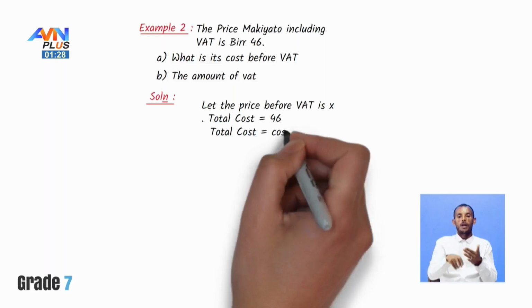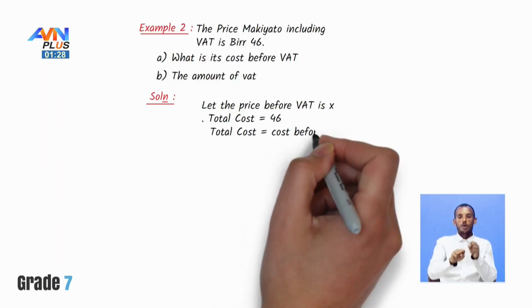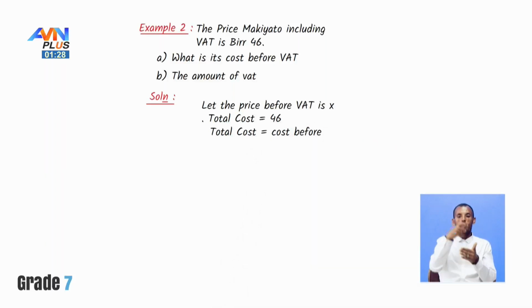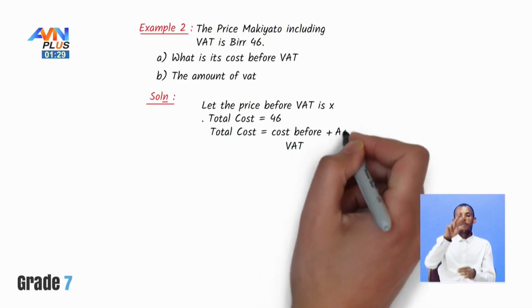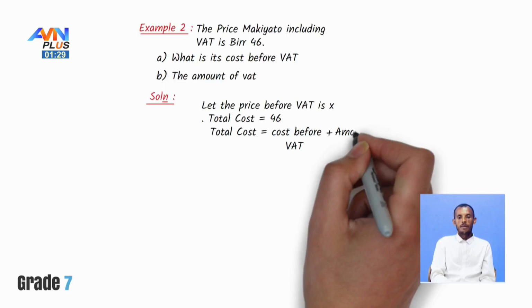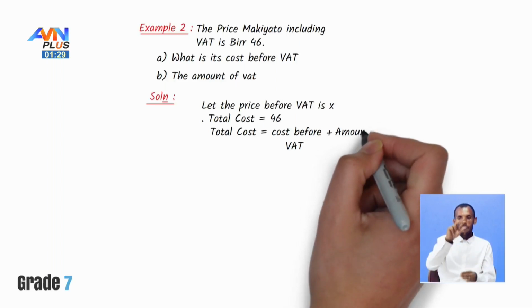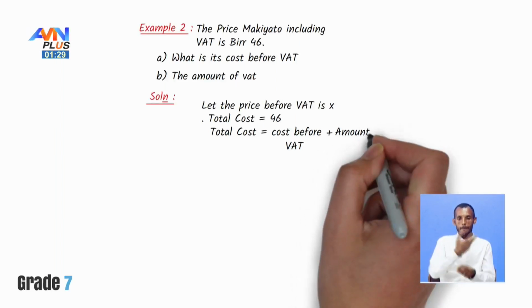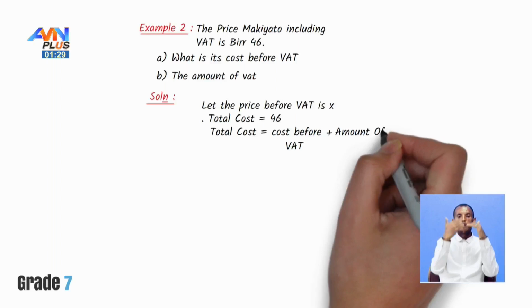Total cost is given by its original cost, or cost before VAT, plus the amount of VAT.